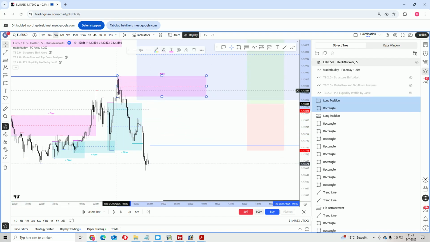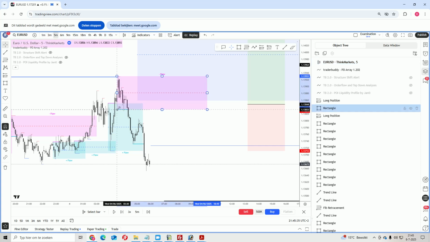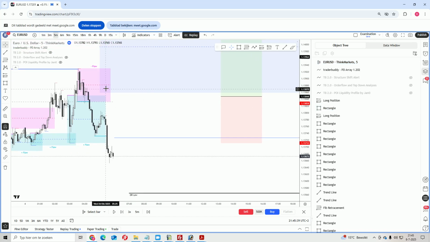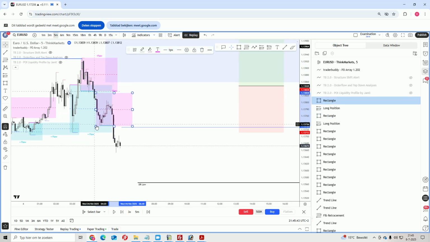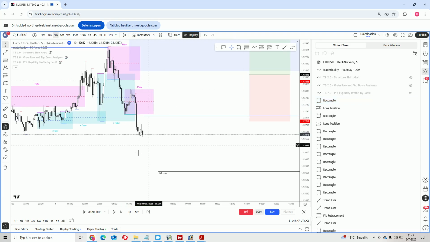What is order flow to the downside? Well, as soon as we break an old low, this is the order flow. As soon as we trade below an old low, this is the order flow.